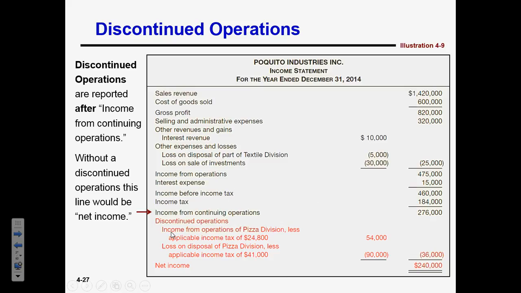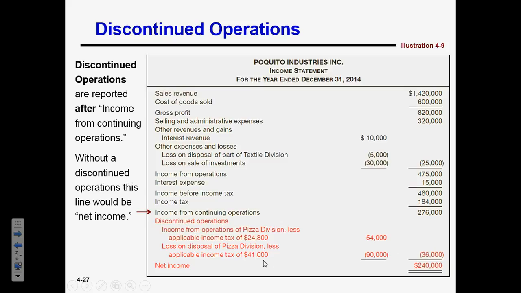And you see how the discontinued, I like this one better. Income from operations of pizza division less applicable income tax. They got rid of their pizza division. Got the idea? So that's positive income less the tax expense. This is loss on disposal less applicable income tax, and they should say benefit on this one, right? So how much was your loss really on this one? 131, right?